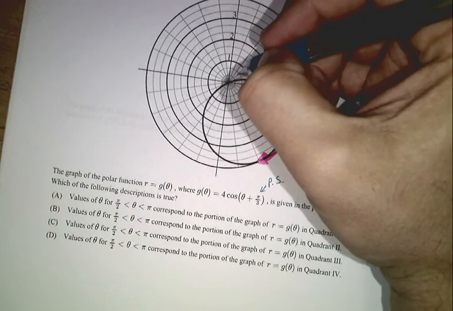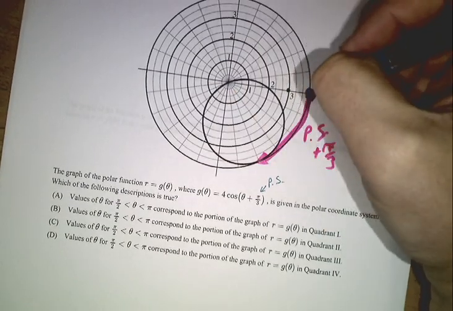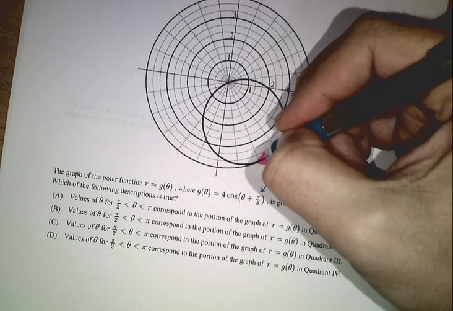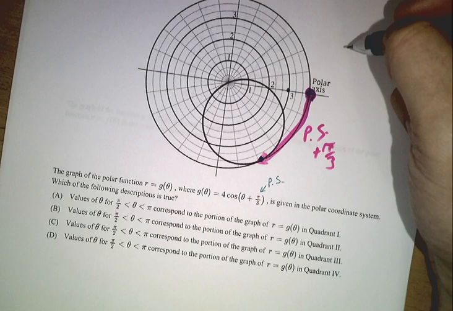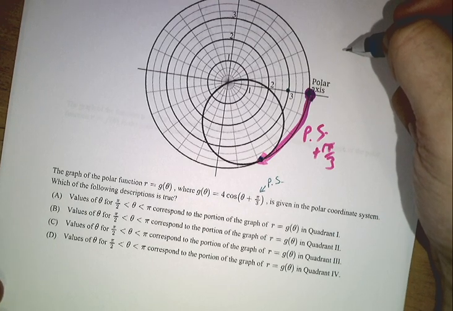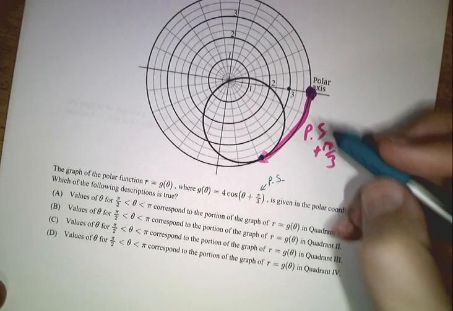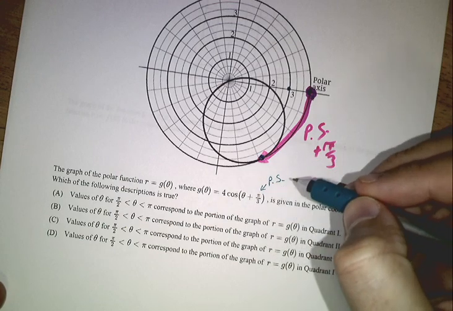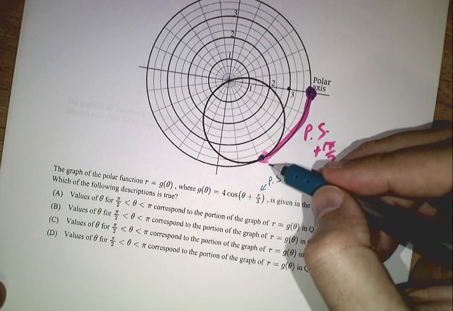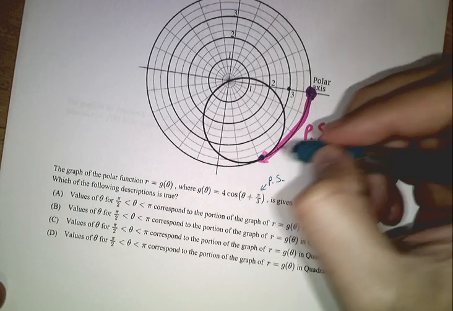So my first value is right there. My second value, 4 cosine plus pi over 3, gives a phase shift backwards. Yeah, phase shift works backwards.